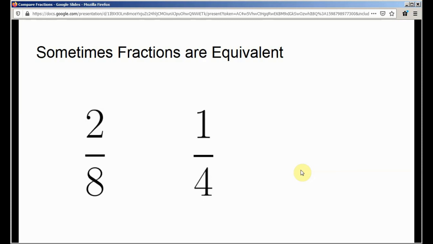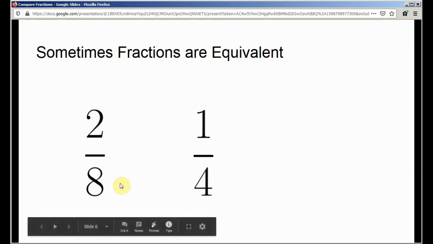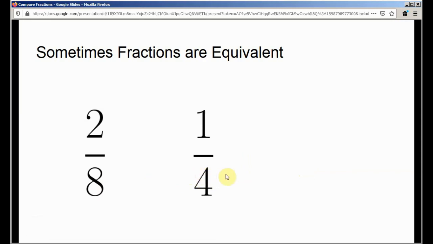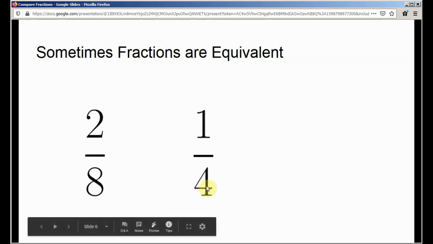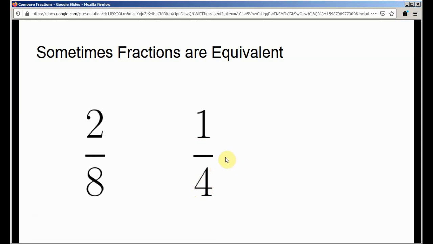But if you do some computation, we multiply or divide either of these to get the same denominator, or maybe the same numerator, whichever is possible. If you do that, it will be easier to compare.